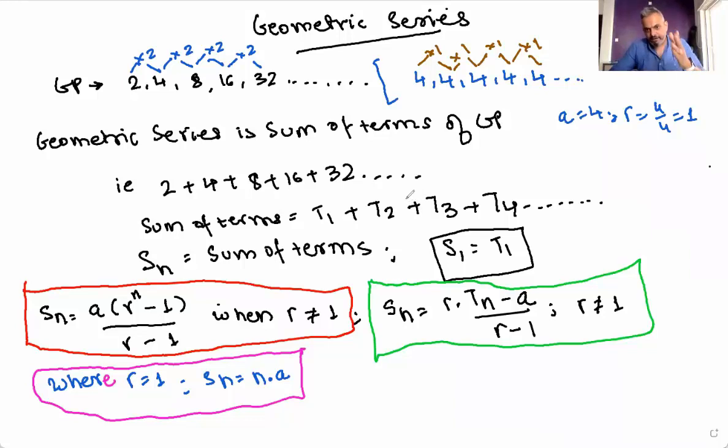So please write these formulas. You have to learn all these formulas. If R is not equal to 1, the most widely used is this formula. In one or two short sums, we use this formula, and this also we use in short sums. So this will be the most important formula for you.